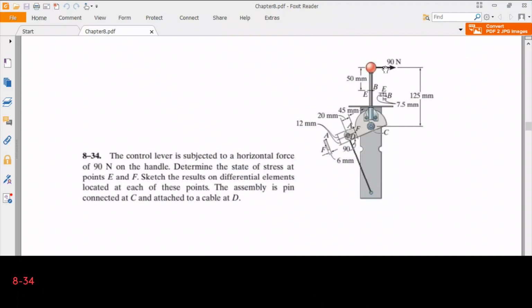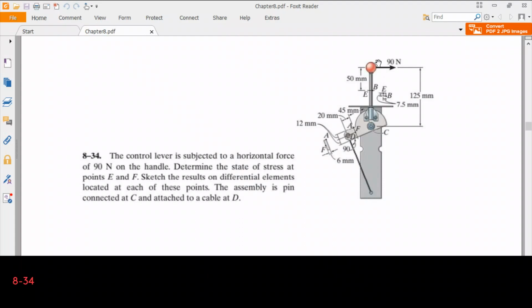So we have a lever. We apply a load of 90 newtons and it's pin connected at C, which means that there is no reaction moment at C. So we only have reaction forces at point C, and then it's connected to a cable from point D, and the other end of the cable is fixed.